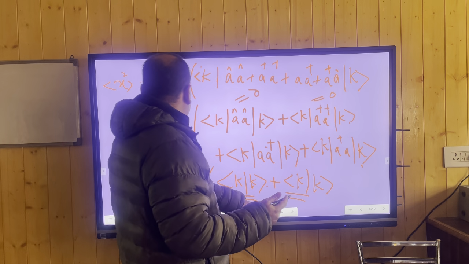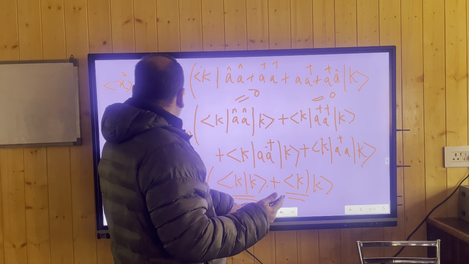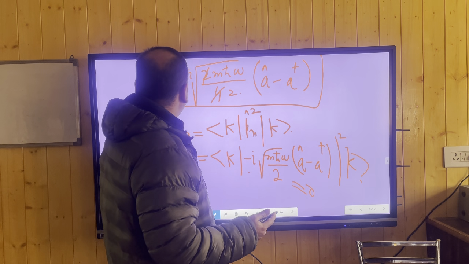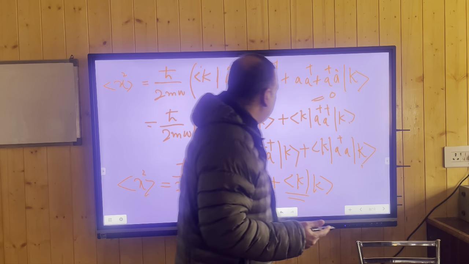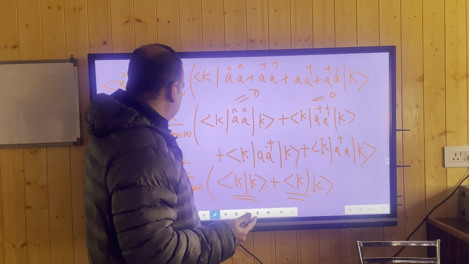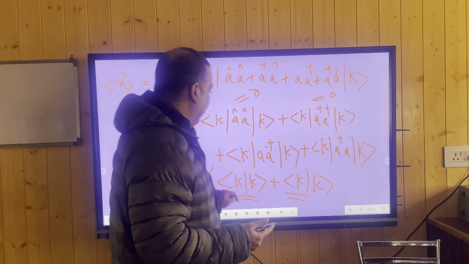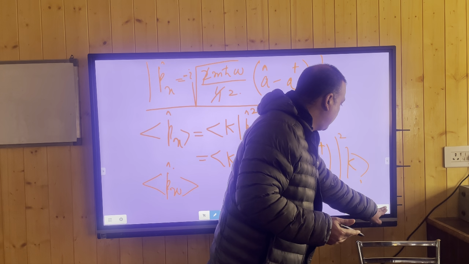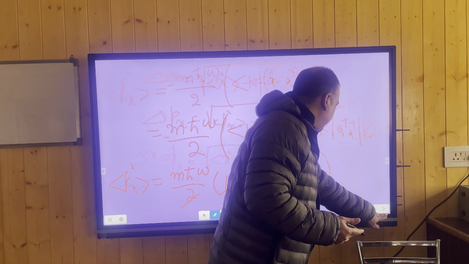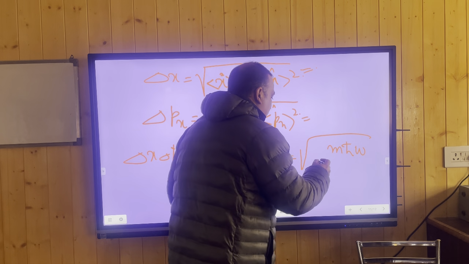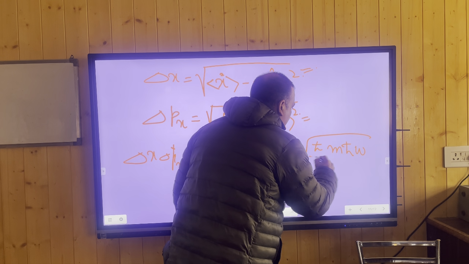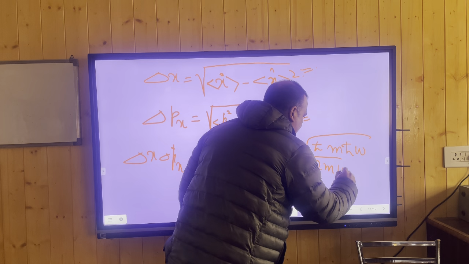Now let's see back here for x squared. For x squared, what we have is h bar by 2 m omega.